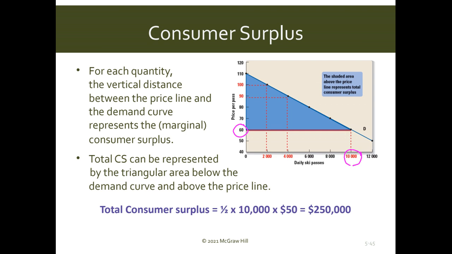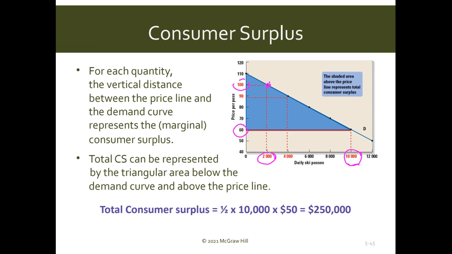Because notice at this level, at 2,000 tickets, consumers were willing to pay, according to their demand curve, $100. This was their level of satisfaction, very high. But they did not actually pay $100. They are paying now only $60. So $100 minus 60, $40.